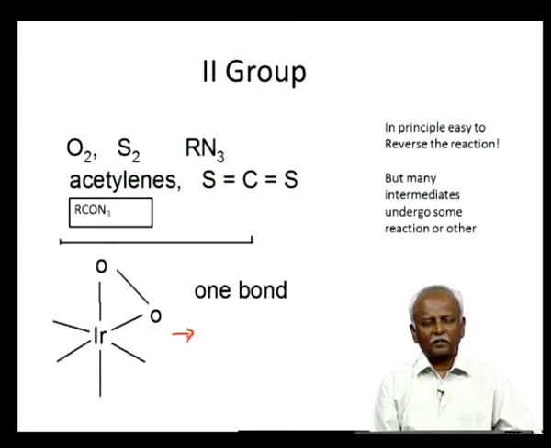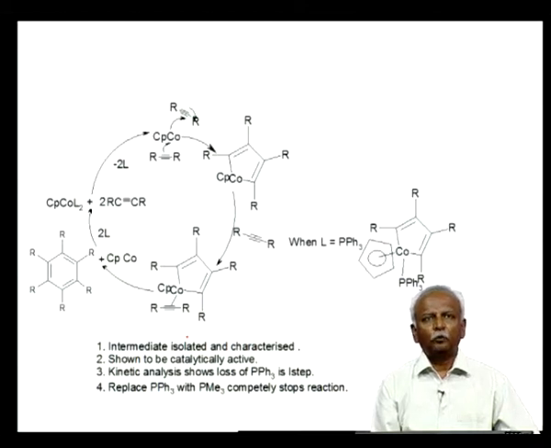And we also notice that in the case of acetylenes, you have, after oxidative addition, which involved 2 acetylenes, for example, in the cyclic catalytic cycle that I have written here, you will have a second substrate coming in, and so you can do an insertion reaction and then eliminate, say, an arene.